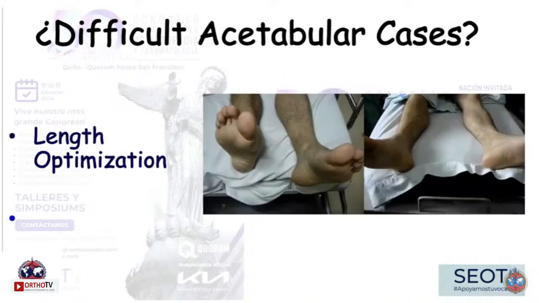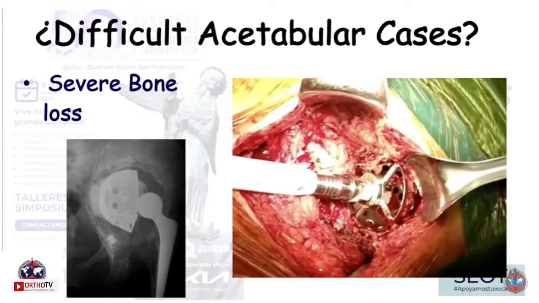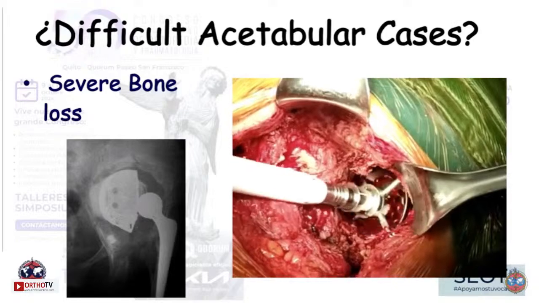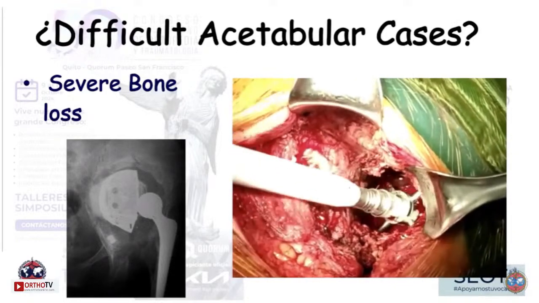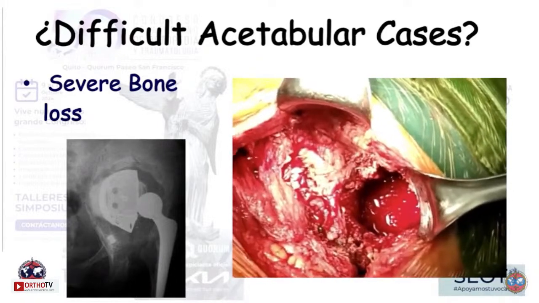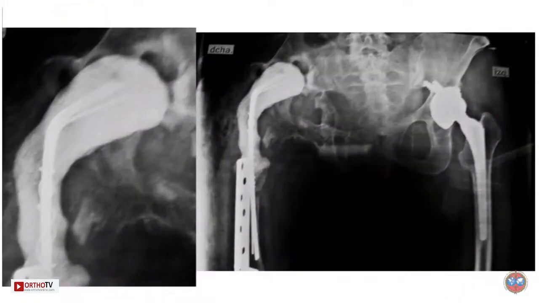And what about leg length optimization? It's difficult to get and correct a long leg discrepancy. Sometimes you have severe bone loss, and after the removal we don't have anything to put in to restore the hip. And even worse if it is infected.